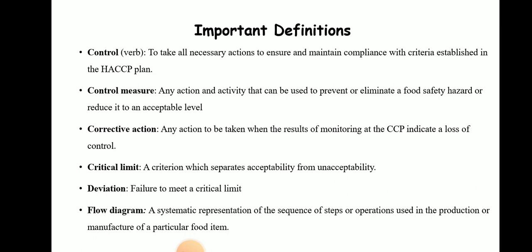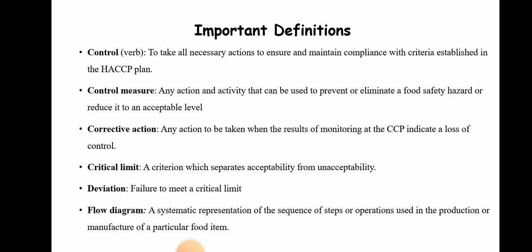A control measure is any action or activity that can be used to prevent or eliminate a food safety hazard or reduce it to an acceptable level. Whereas a corrective action is the action to be taken when the results of monitoring at the CCP indicate a loss of control. So control measure and corrective action are totally different.